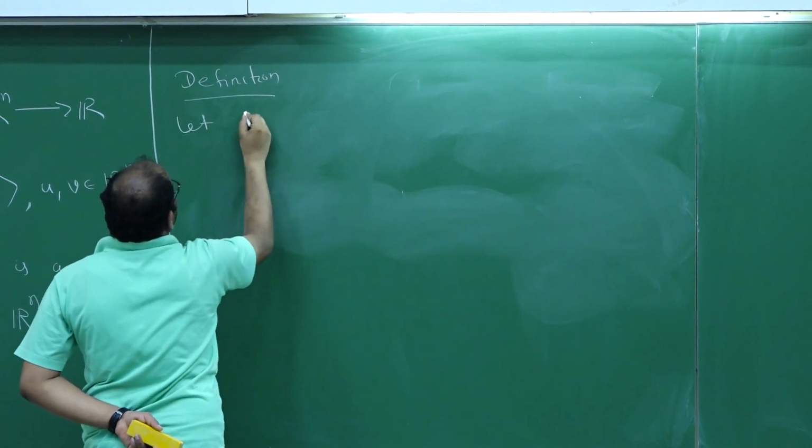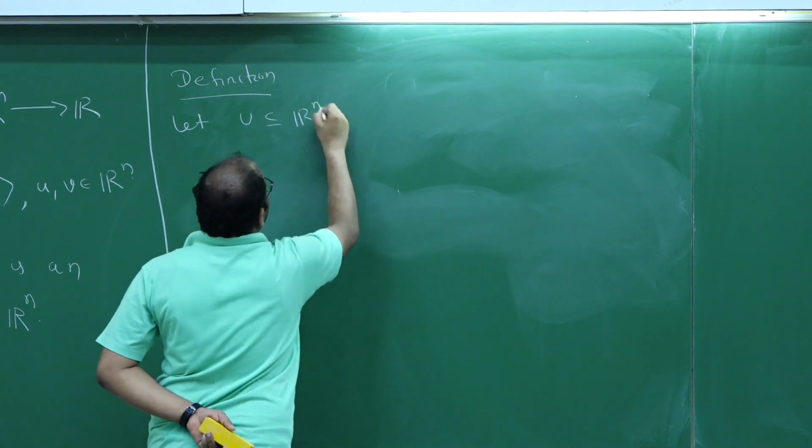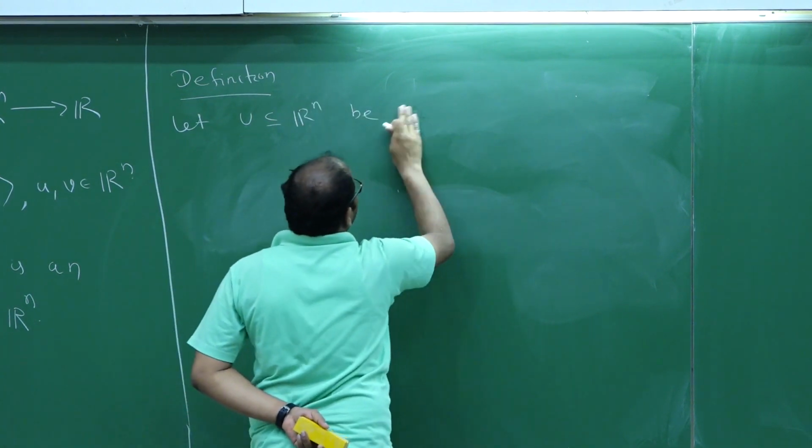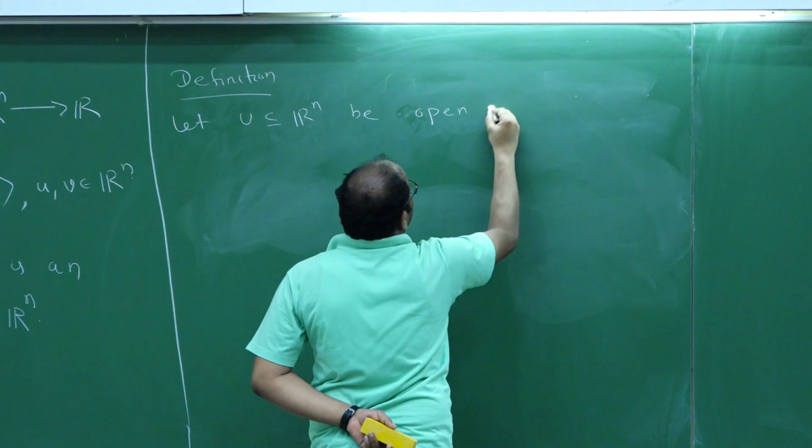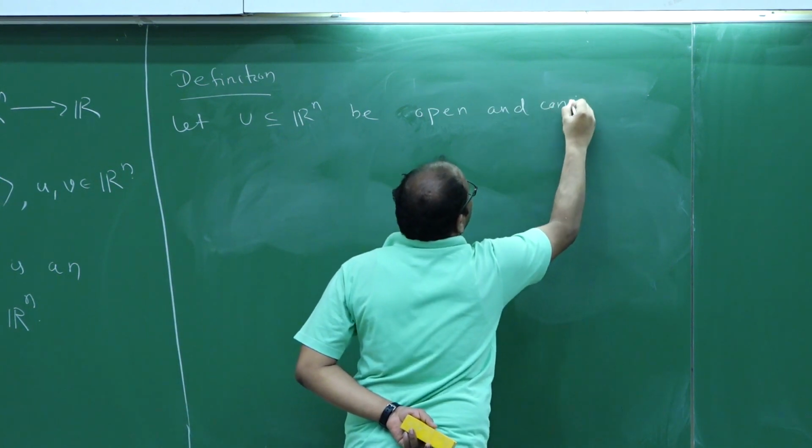Let U, a subset of R n, be open and connected.